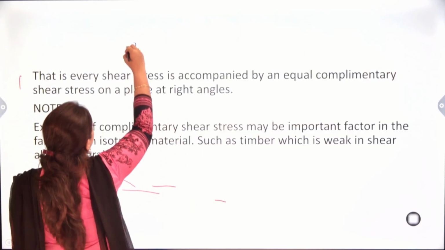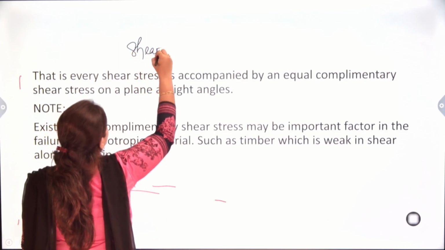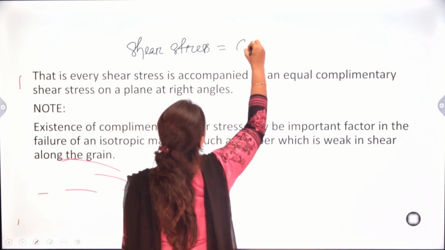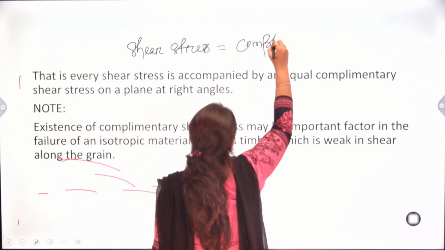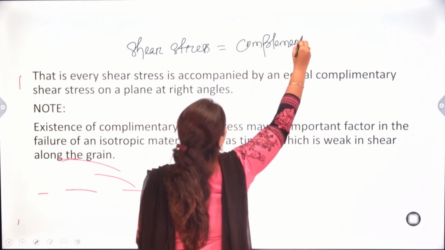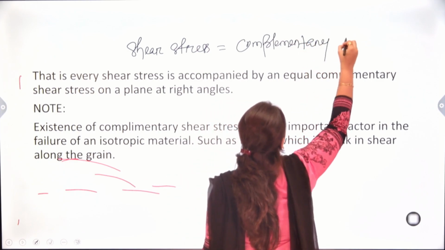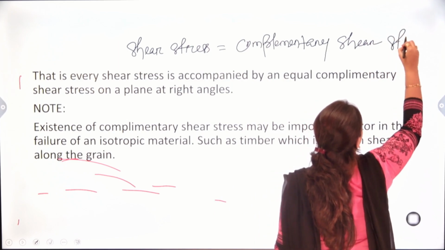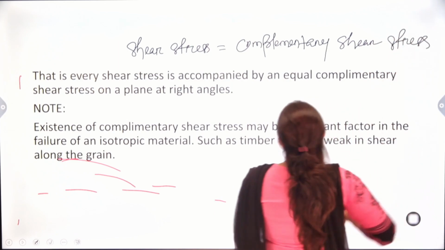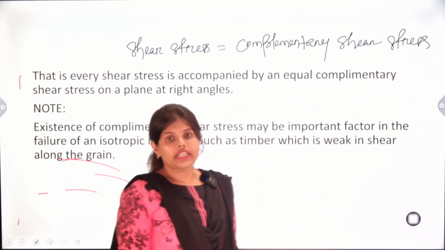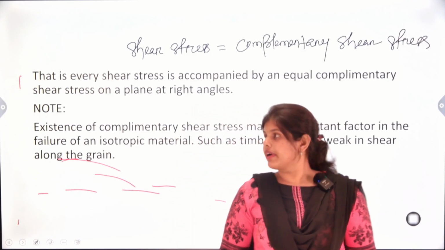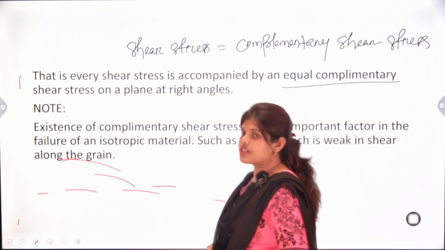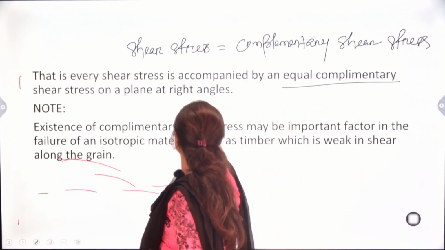So we can write shear stress equals complementary shear stress. That is, every shear stress is accompanied by an equal complementary shear stress on a plane at right angle.